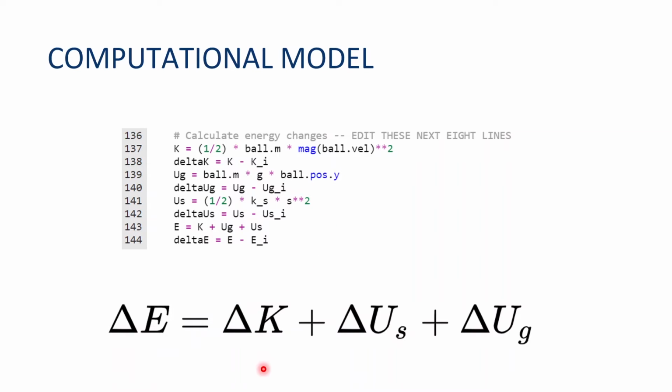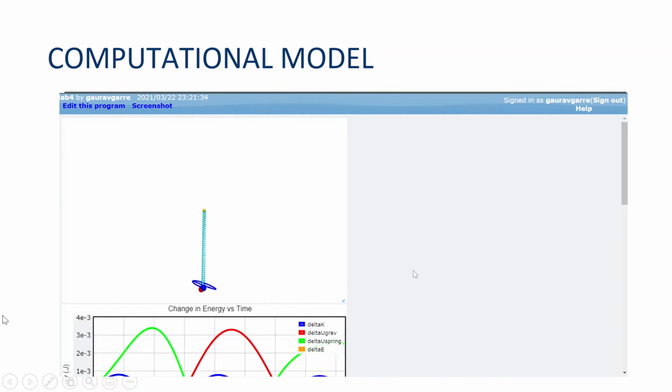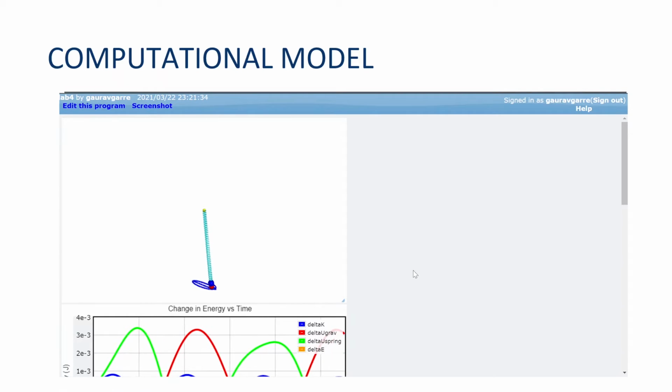Then, using the energy principle, we can determine that the change of energy in our system is equal to the change of kinetic energy plus the change of spring potential energy plus the change of gravitational potential energy. And as you can see with our model, it does closely resemble our video in Tracker.